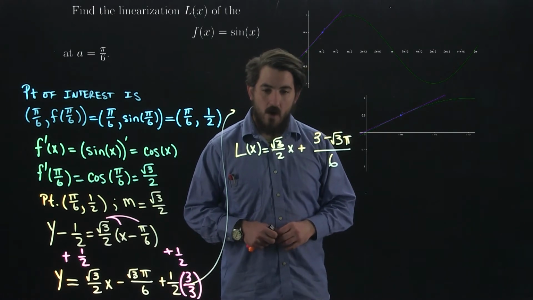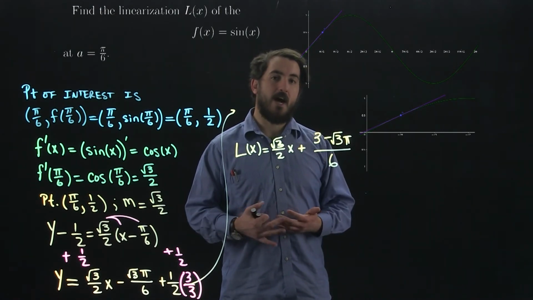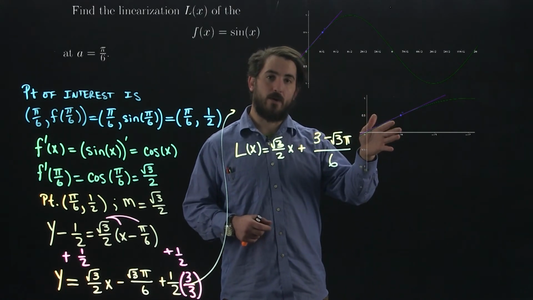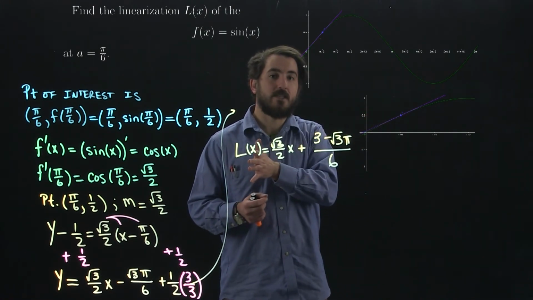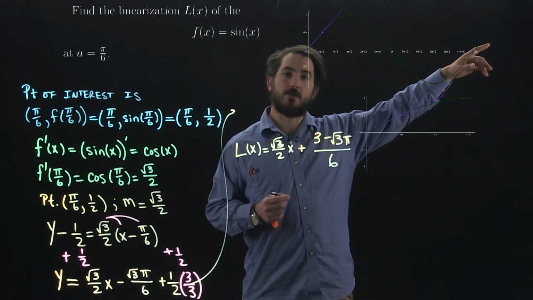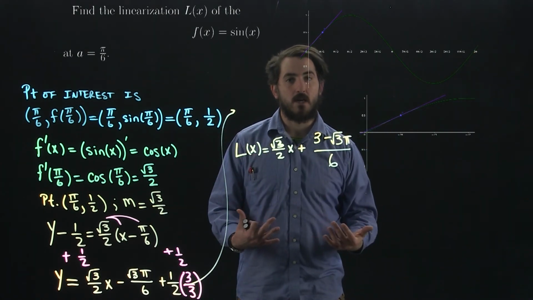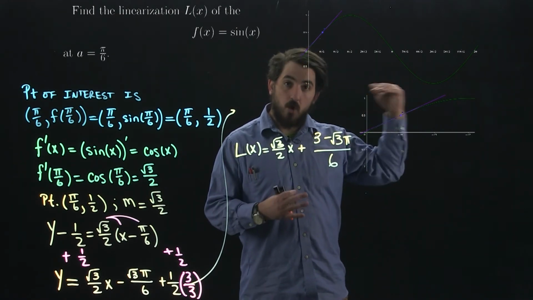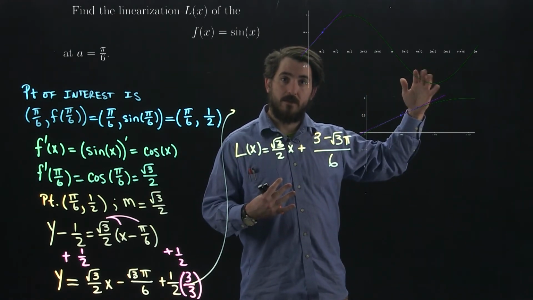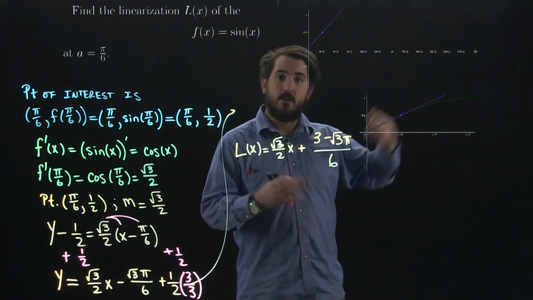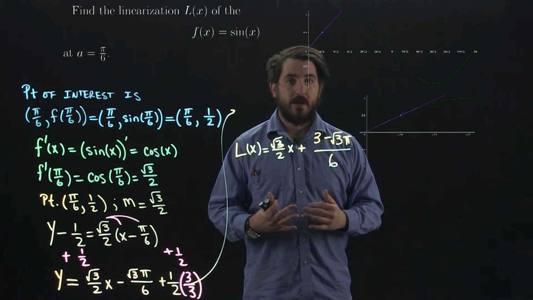Now, we know that sine of x will continue to oscillate, and at some point the linear approximation doesn't make sense. If we kept drifting further to the right, we would get a linear approximation giving an output bigger than 1.